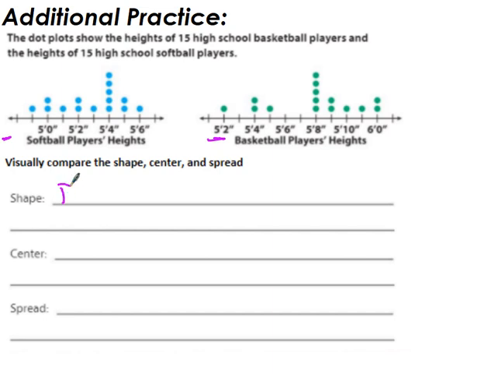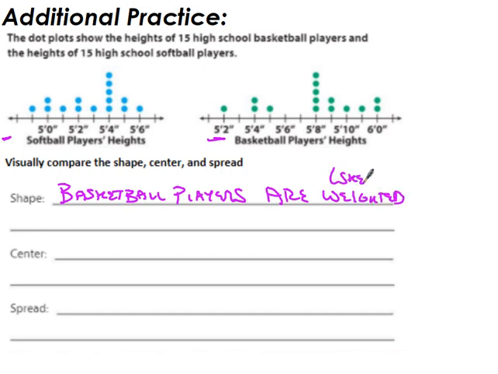So basketball players are weighted to the right, or you could put skewed to the right. Meaning they are taller.